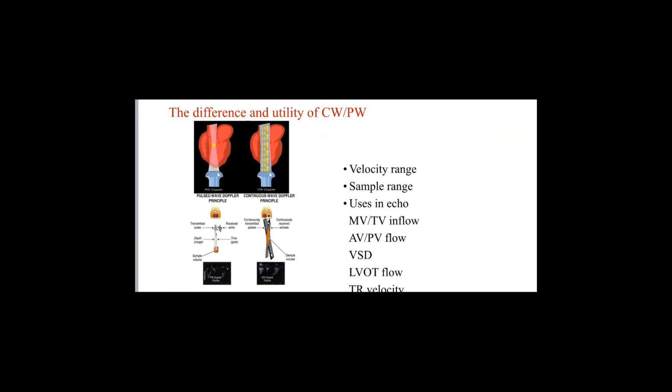Wide velocity range. Wide. And PW has a limited velocity range. Now sample range, how much of an area? Narrow velocity range. Narrow velocity, narrow sample range in what?